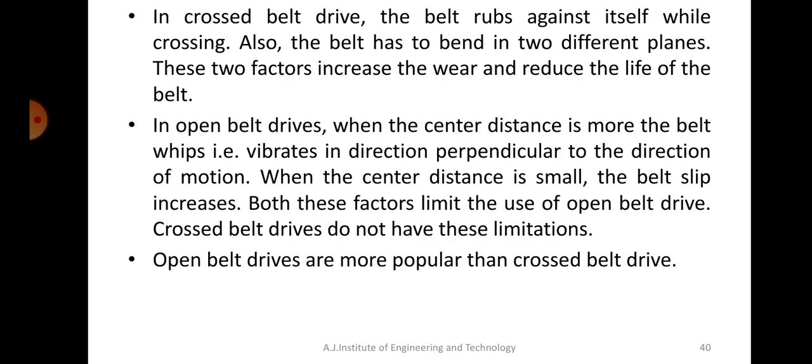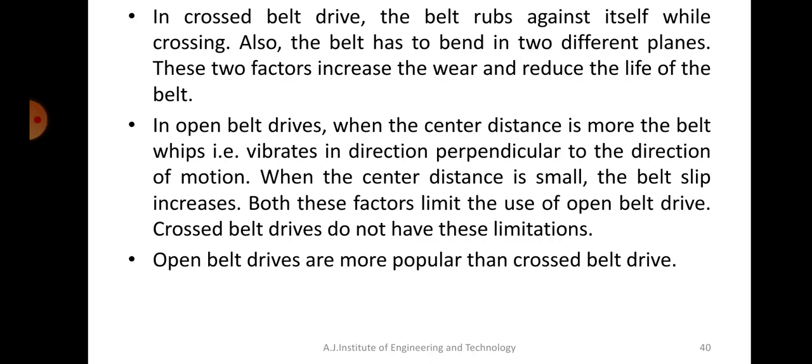Therefore, the chance of wear increases, and the life of the belt will reduce. So because of this crossing over, as I told you, there will be a chance of wear and a reduction in life of the belt. So even though the power transmission is more, the life of the belt will reduce.